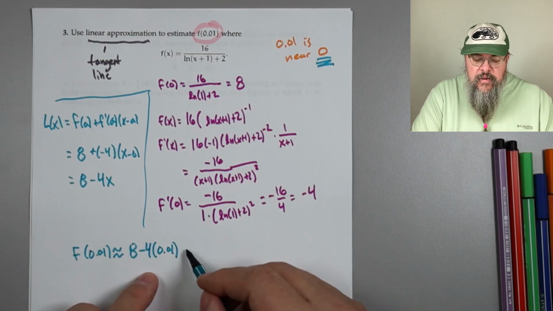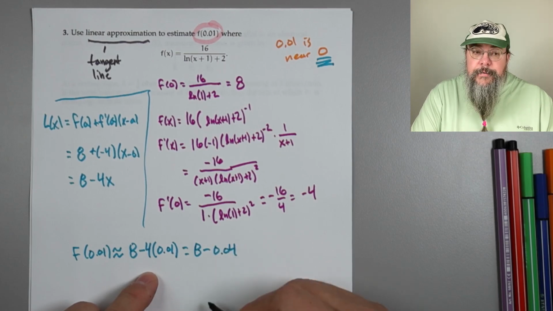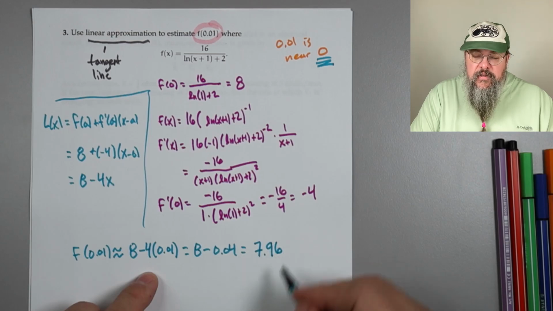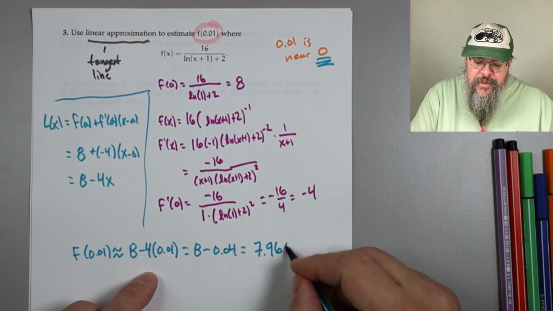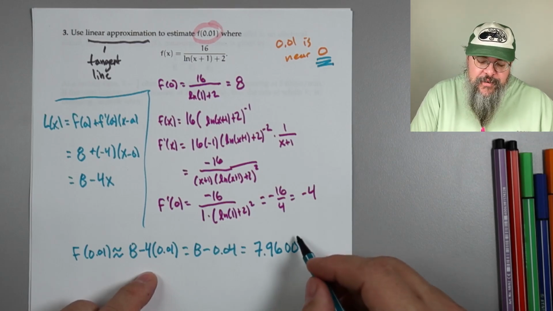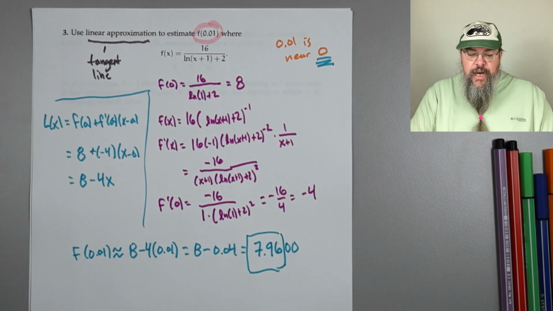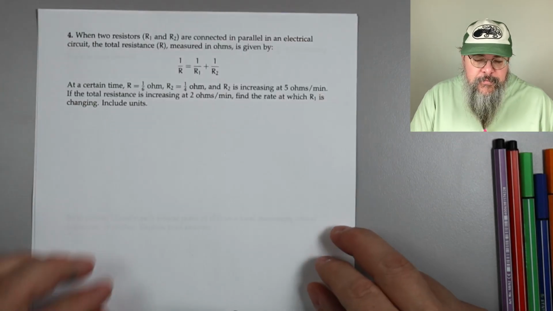So that's 8 subtract 0.04, which is 7.96. Now, if you want more precision, of course, engineers always like 4 digits. You can add that on, but it doesn't really matter because the answer is 7.96. We're happy, life is good, and we move on to the next problem.